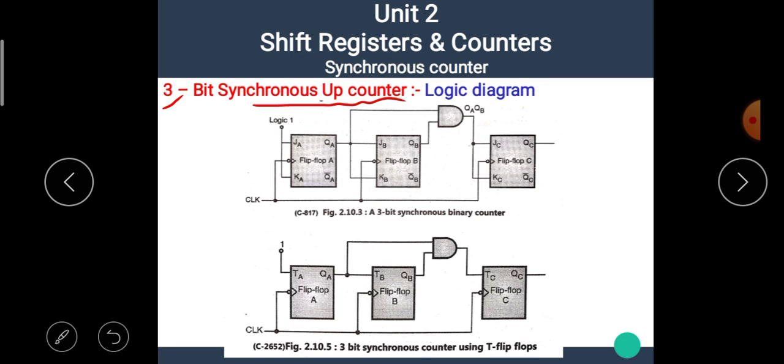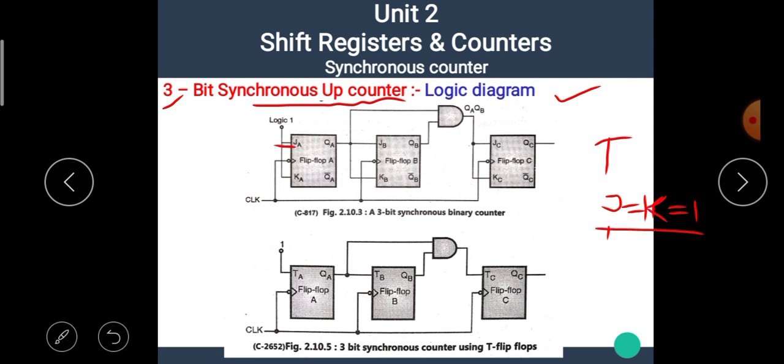There are two ways we can draw the logic diagram of a 3-bit synchronous up counter. For an up counter we require T flip-flops. Hence we can design a T flip-flop by connecting J equal to K, both connected to 1.